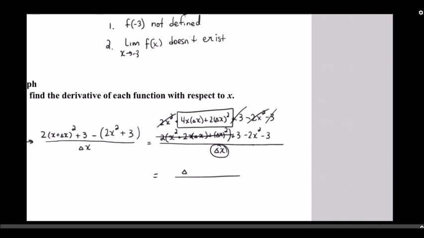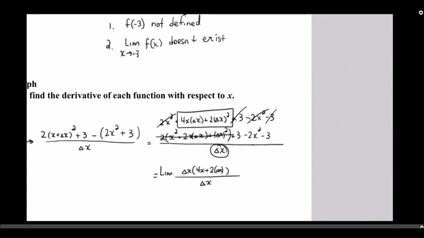So I'm going to factor out a delta x from these terms in the numerator here. That's going to leave a 4x plus 2 delta x. And then I still have that delta x in the denominator.